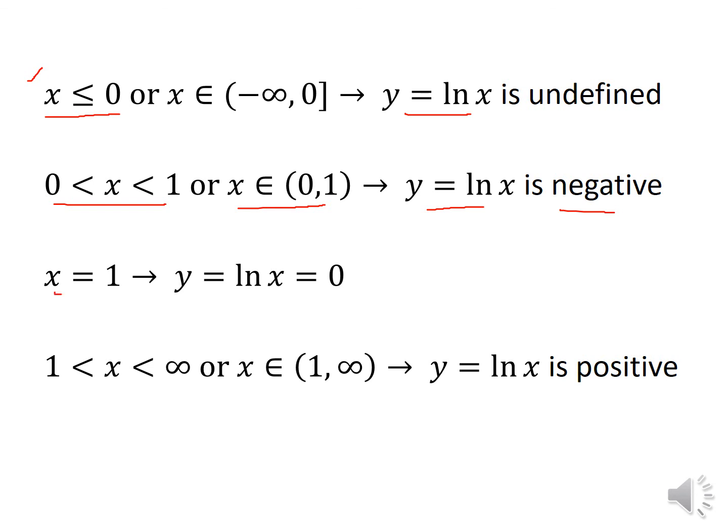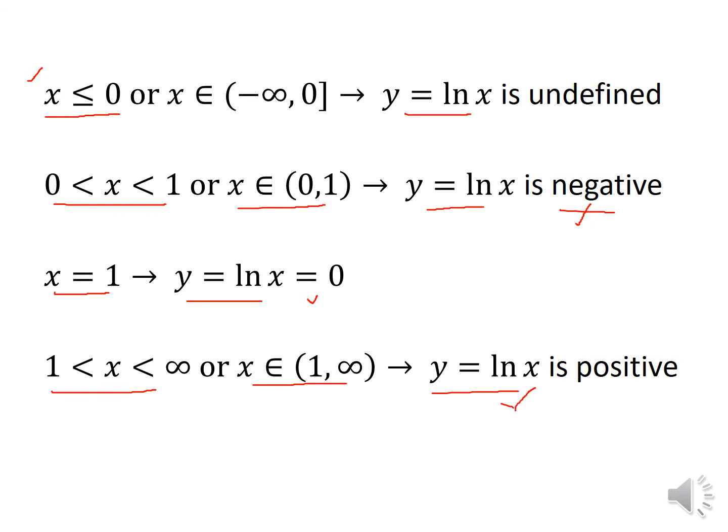When x is equal to 1, the function y equal to ln x has value 0, and for x greater than 1, that means x belongs to 1 to infinity, the function y equal to ln x has positive value. So from here we see that the logarithmic function has negative values, has value 0, and has positive values.